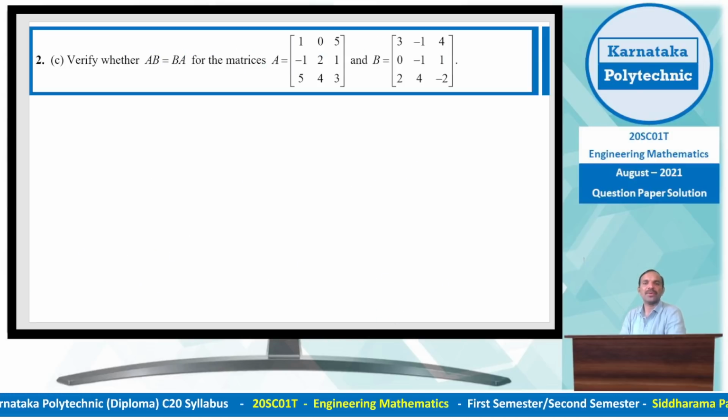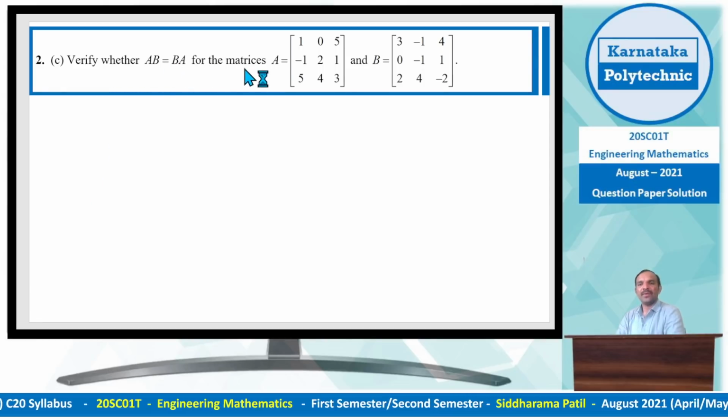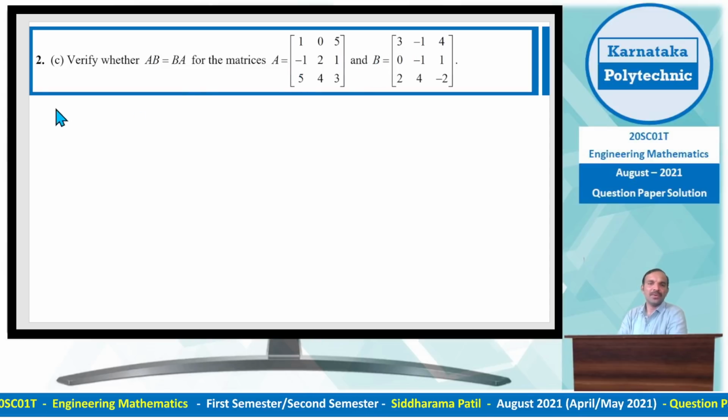Now moving to the next question, that is 2C. Verify that AB equals BA for the matrices A and B given. Solution.